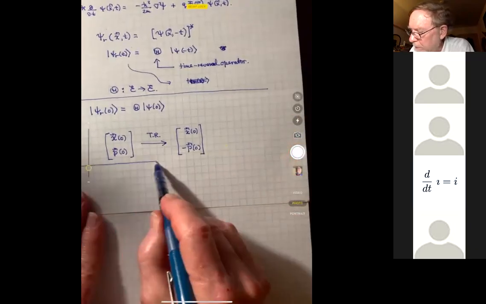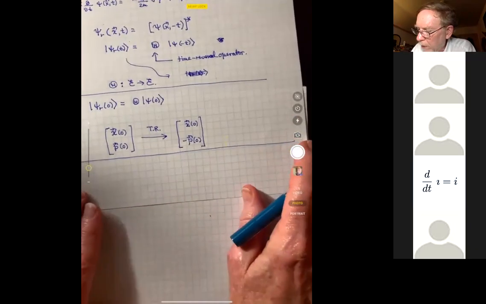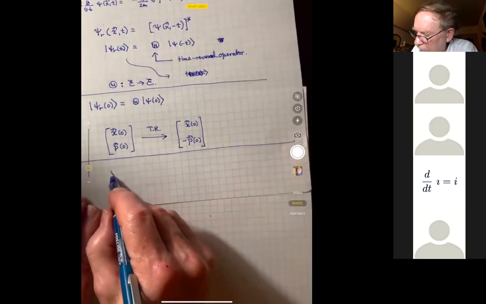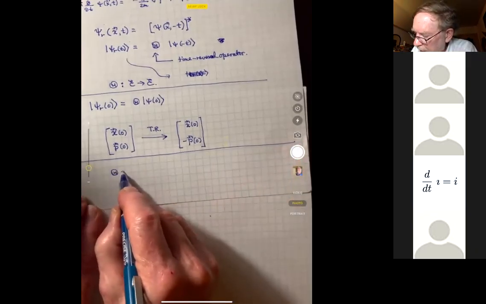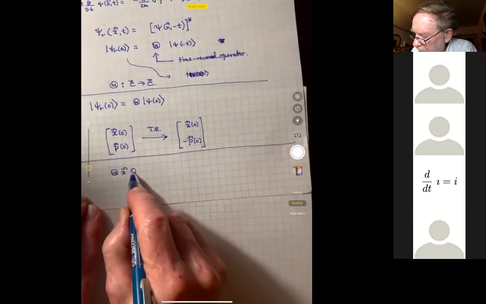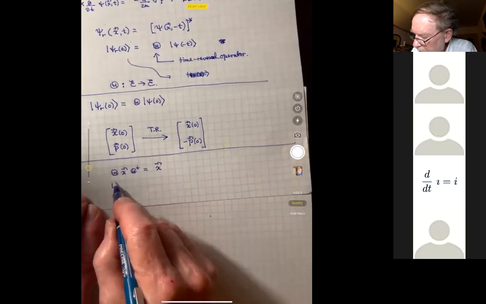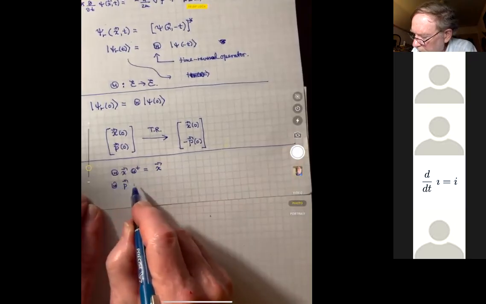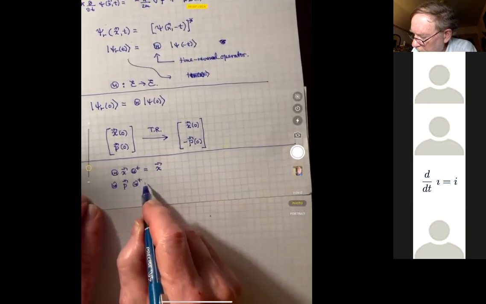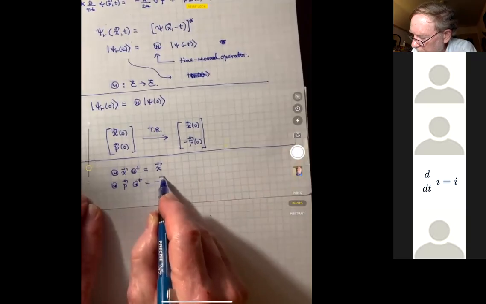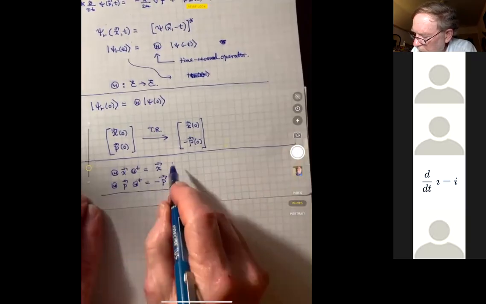Let me draw a line, and down below it I'll draw a quantum relation, so that we have the following properties: theta conjugating x, theta x theta dagger, should take it into x, but theta conjugating momentum, theta p theta dagger, should take it into minus p, because this is the analog.